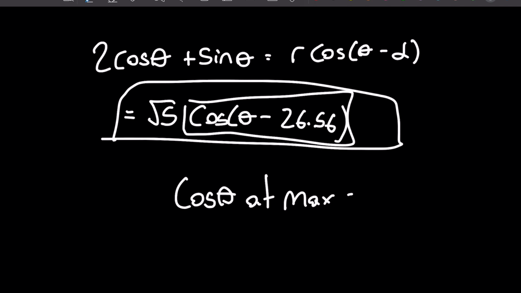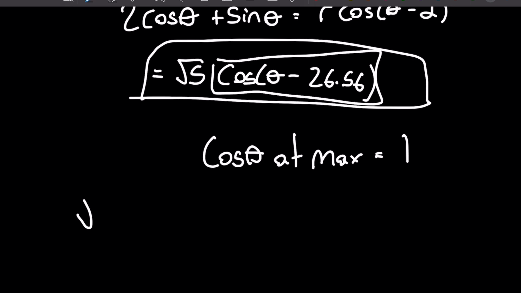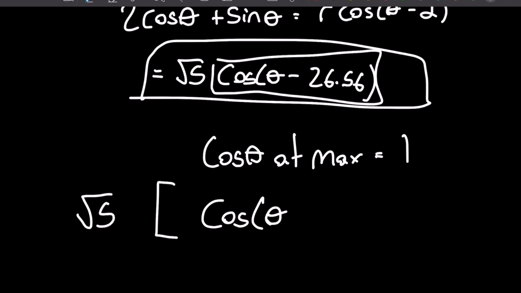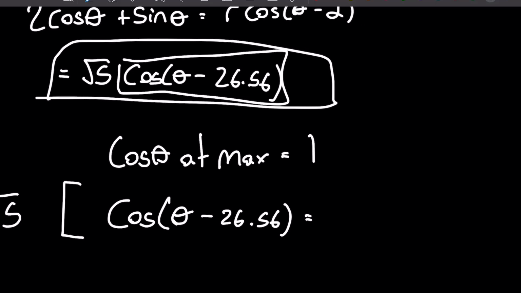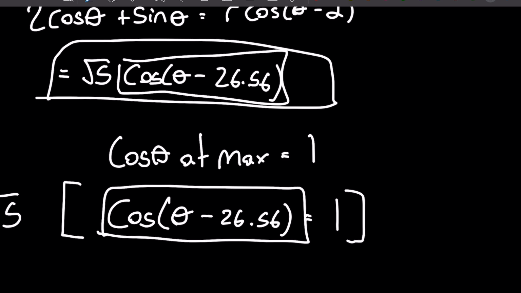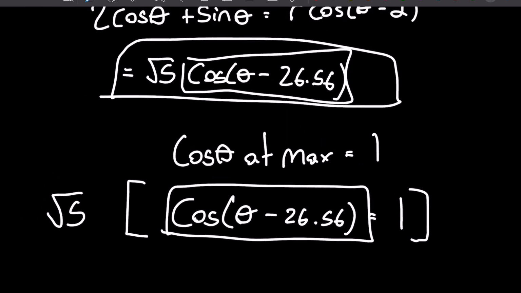This way we can multiply root 5 by cos of theta minus 26.56. But this inside here should be equal to 1 at its max. Because remember, cos, no matter what the inside is, is at its max at 1. So that would mean that what's inside here would cause cos to go to 1, okay? And if we're multiplying root 5 by cos, and we want to find the max, well the max is just root 5 times 1 equals root 5. So at any given time, the maximum value of this is going to be equal to r.